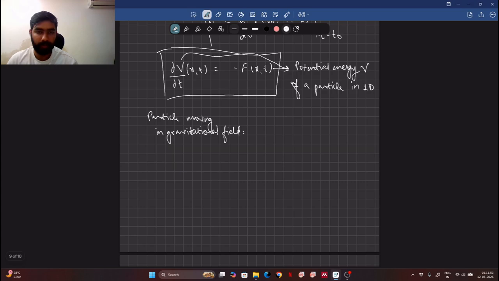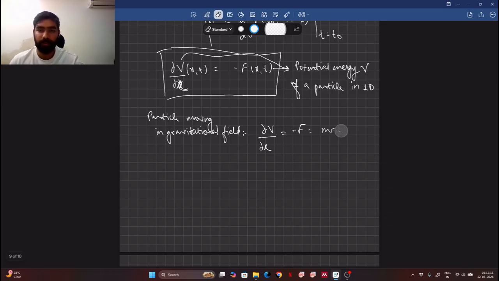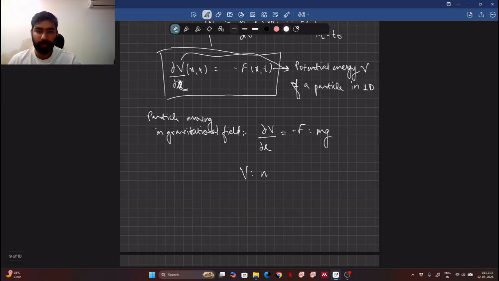So it will have dv by dx. So here also it is x. So dv by dx is equal to minus f, which is equal to mg. So v is equal to mg into x.